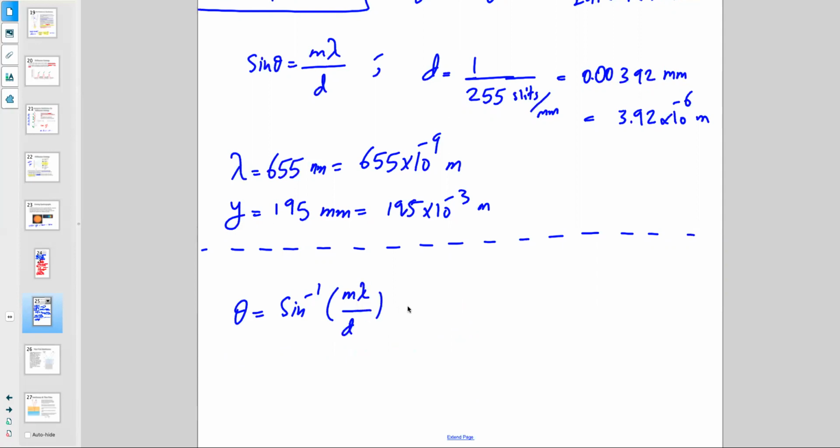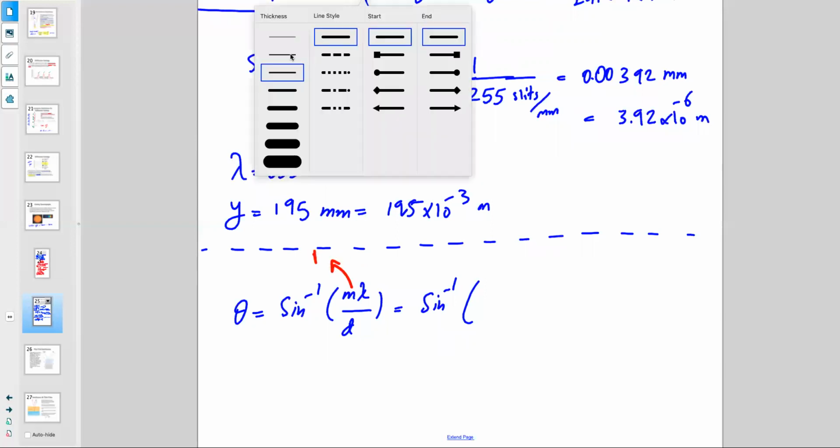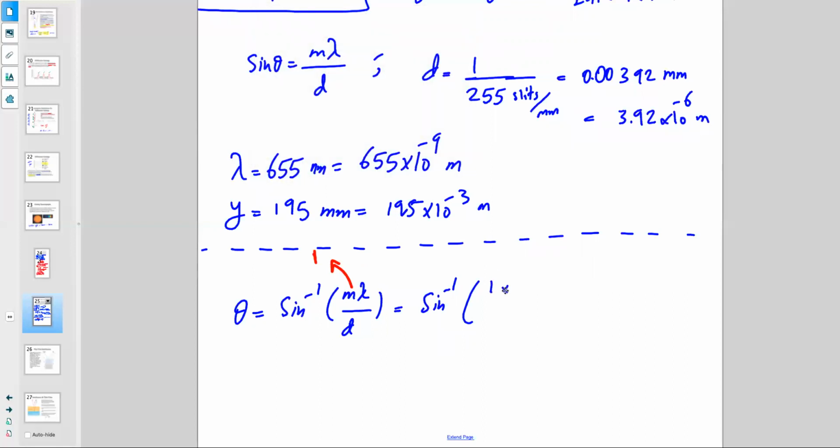All right. So sine negative 1 of m. m is 1. So 1 times lambda, which is 655 times 10 to the negative 9, and d is 3.92 times 10 to the negative 6.